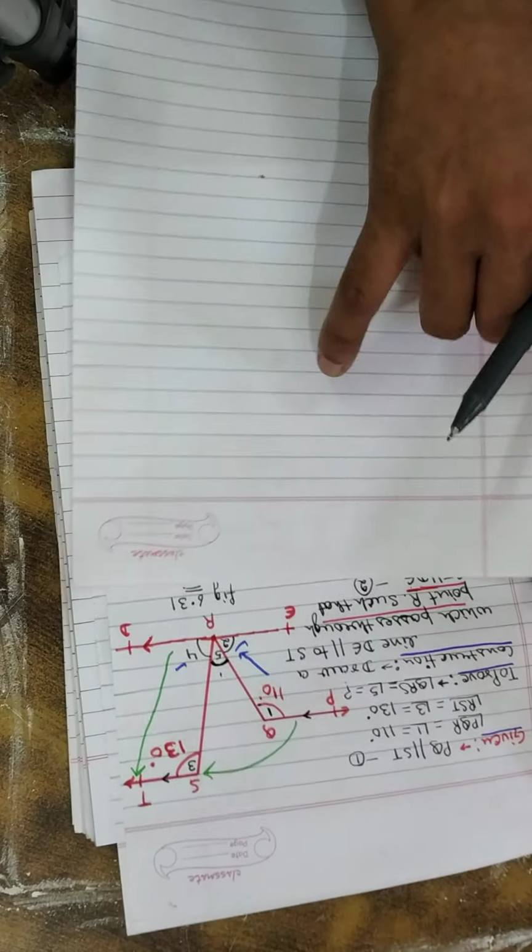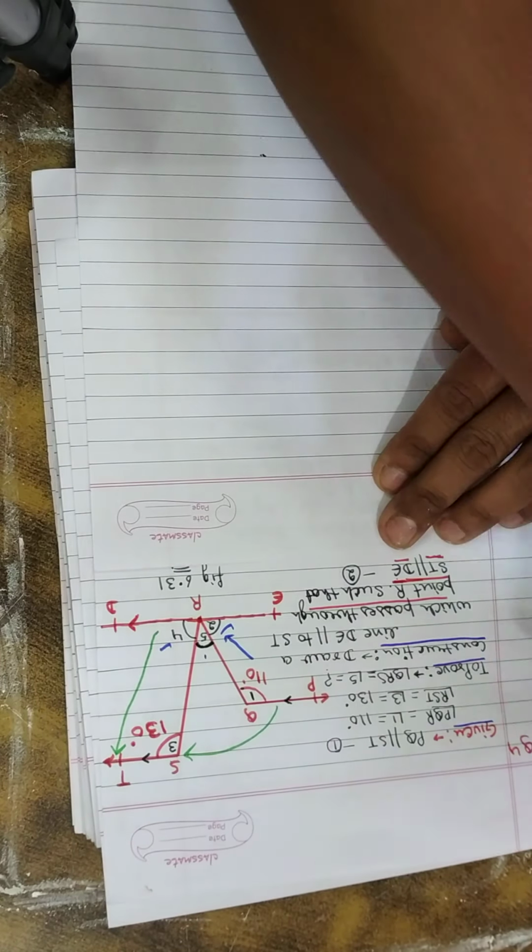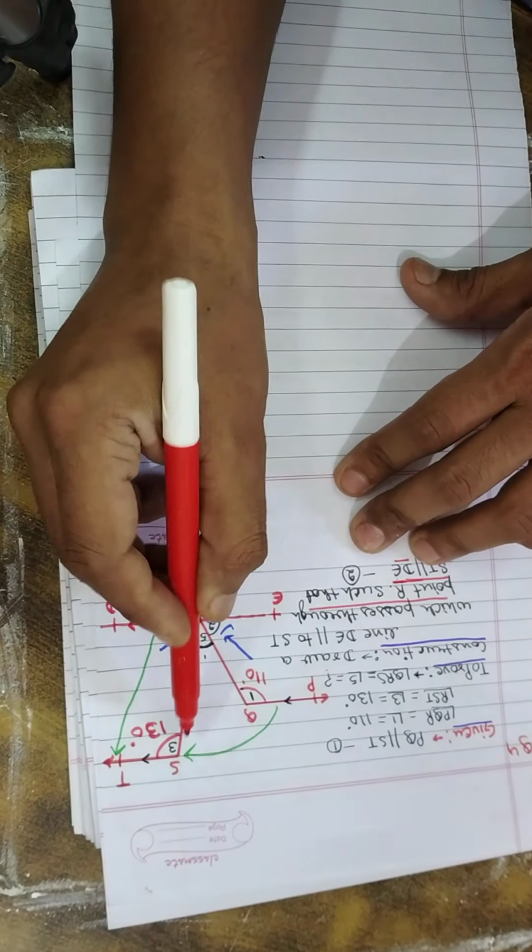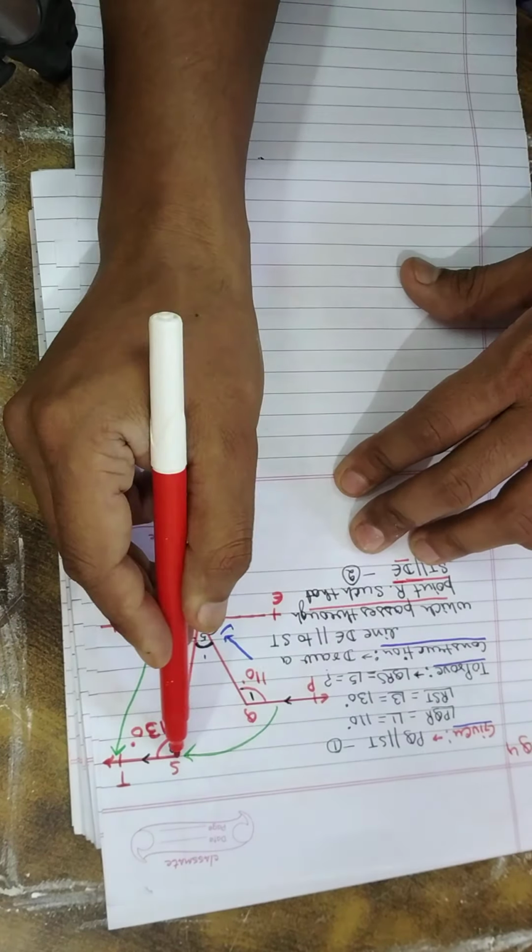Now if you want to find angle 4, you can see again from this diagram, I am taking the ST and ED lines, and now SR is a transversal. There is an angle 3 and there is angle 4.